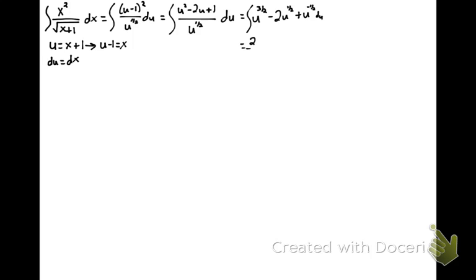This will end up being 2/5 u to the 5/2. This would have been u to the 3/2. 2/3 times negative 2 is negative 4/3 u to the 3/2 plus 2u to the 1/2 plus c. And now just going back and substituting in for u.